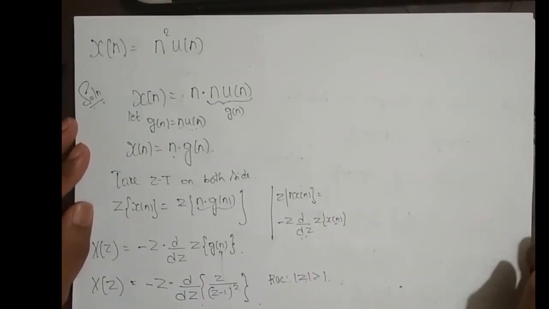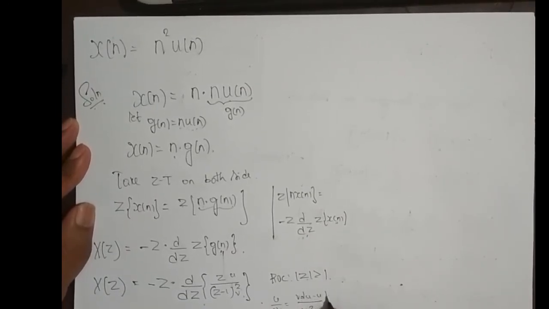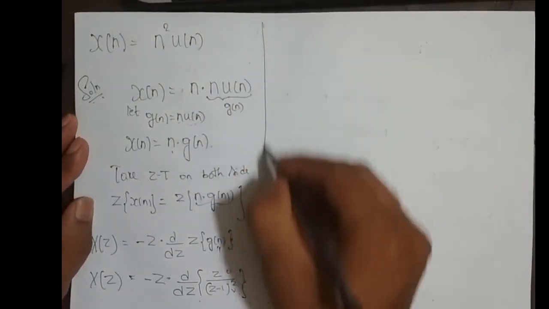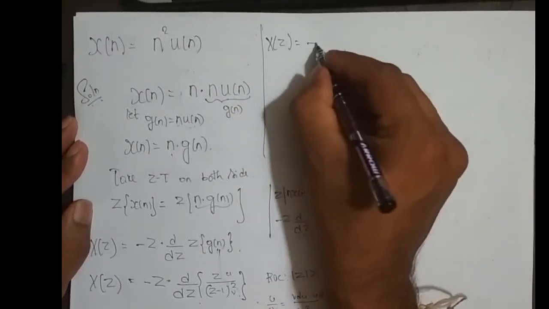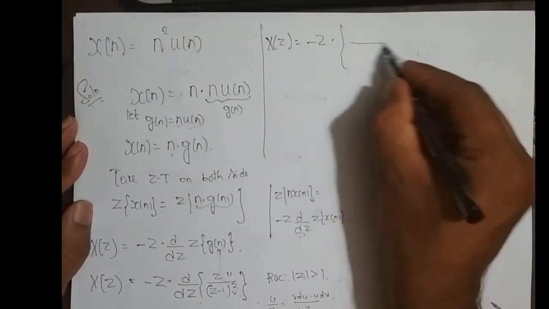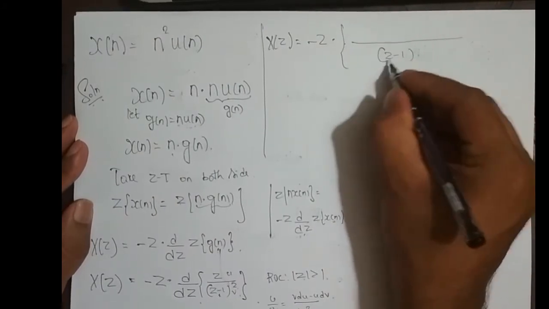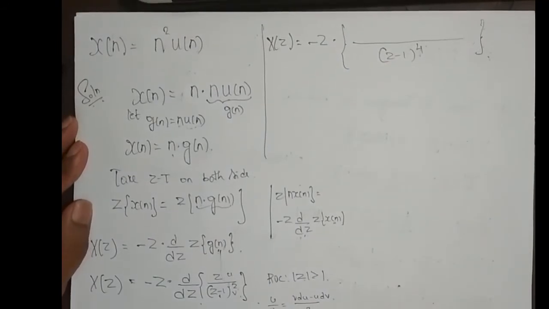Okay, fine. Now this is of the form u by v, right? So u by v differentiation is (v square times differentiation of u, minus u times differentiation of v) divided by v square. So I need to differentiate this now. So X(z) is equal to minus z into, I'll put it in curly brackets, v square. v is (z minus 1) whole square, but it is the square of it, which is (z minus 1) to the power 4.